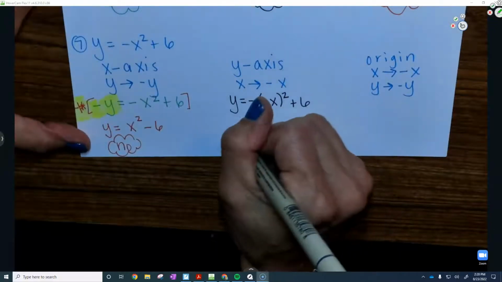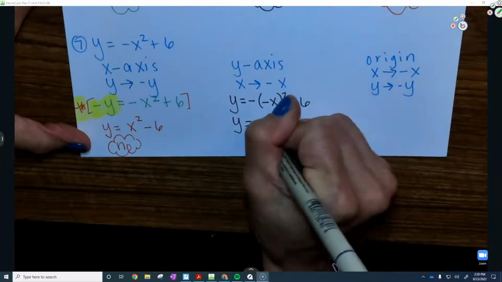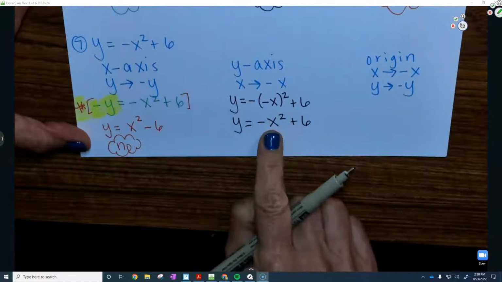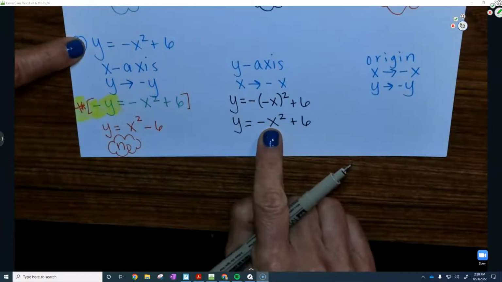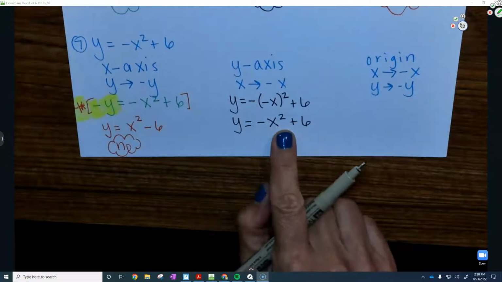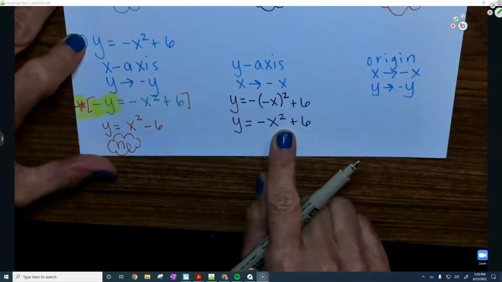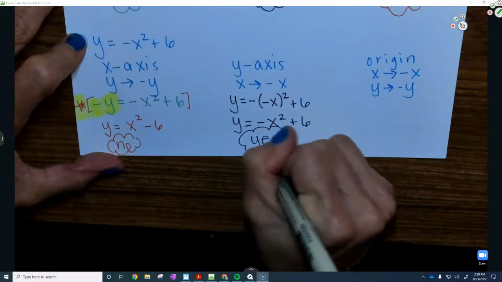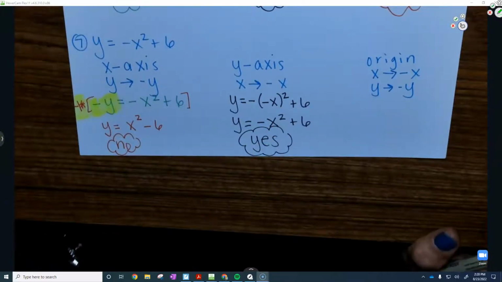So when you do your correct order of operations, it's going to look like this. Is it symmetrical about the y-axis? Is that the same exact thing as the original? Yes. So it is symmetrical around the y-axis.